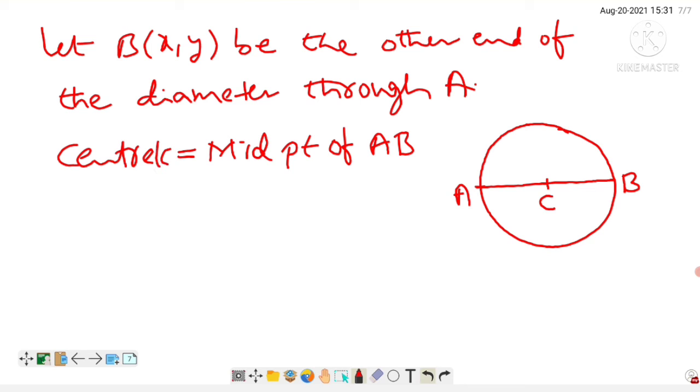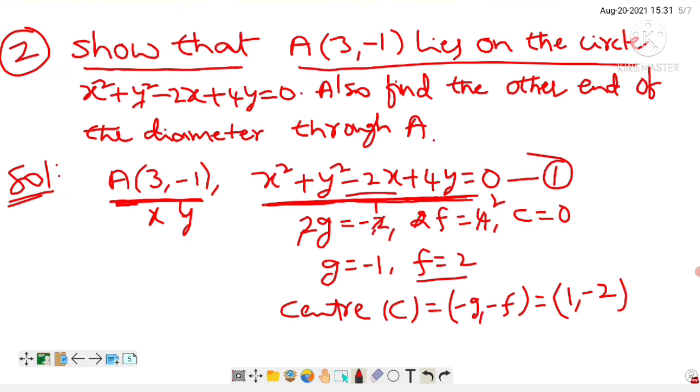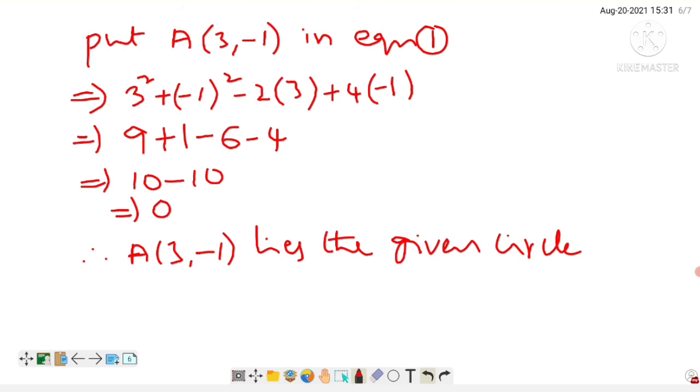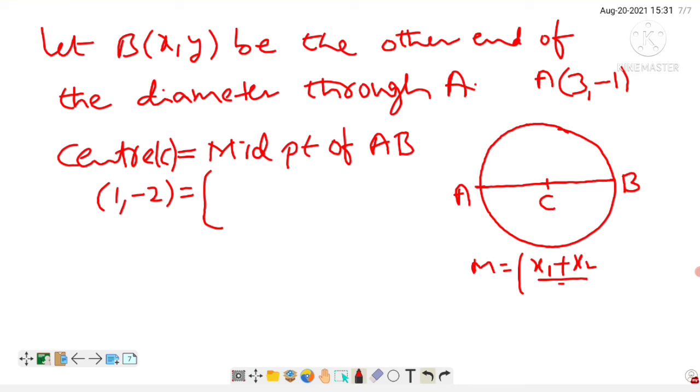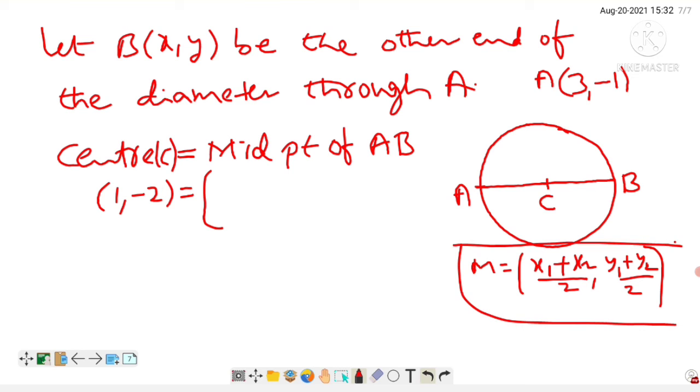So center C is (1, -2), and the midpoint of AB, where A is (3, -1). The midpoint formula is ((x1 + x2)/2, (y1 + y2)/2). This is the midpoint of AB.